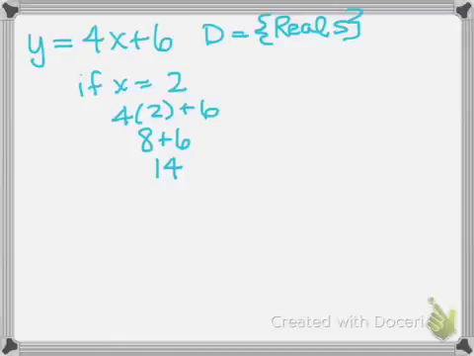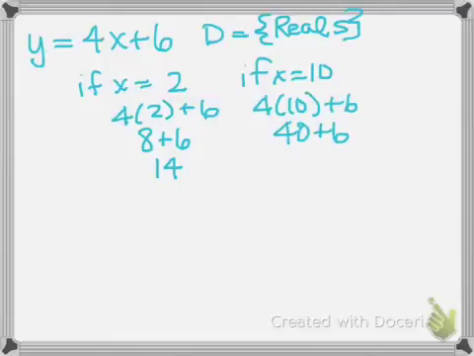If we put 2 in, 14 is the only thing that's going to come out. We're not going to get any other numbers other than 14. If we plug 10 in, there's going to be one and only one answer for plugging 10 in. 4 times 10 plus 6 is 46.